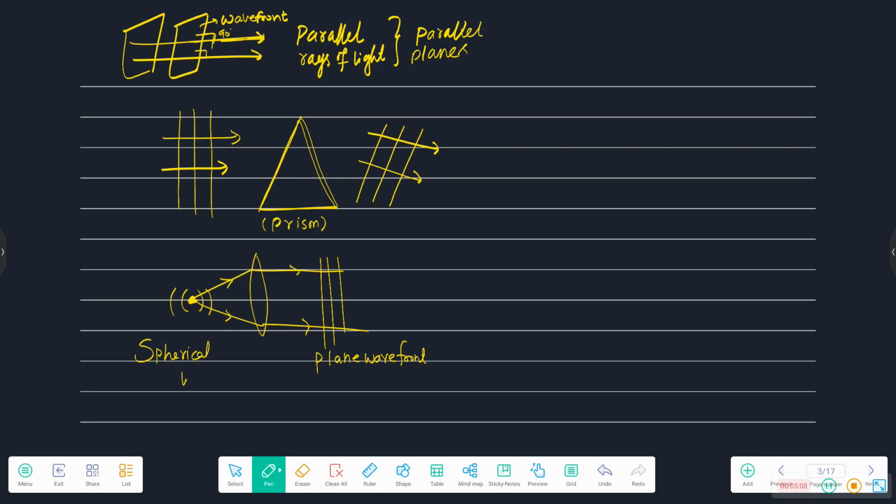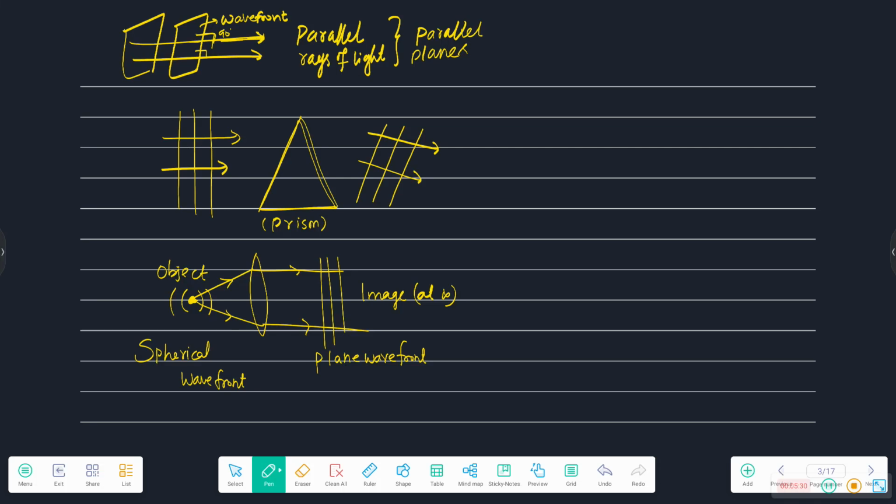This is your object and this is your image at infinity. If a light ray is going to or coming from a very large distance, that will be a plane wavefront. They will ask you to draw this diagram.